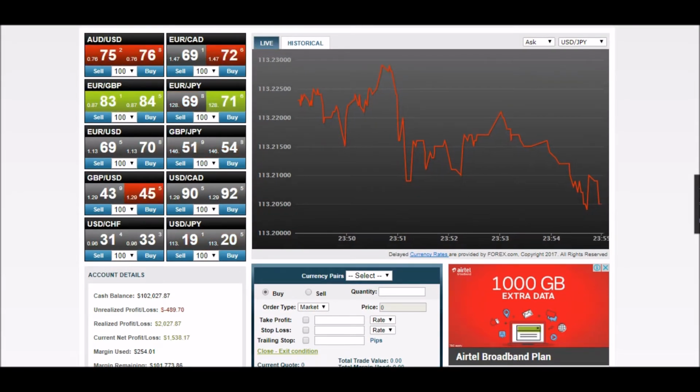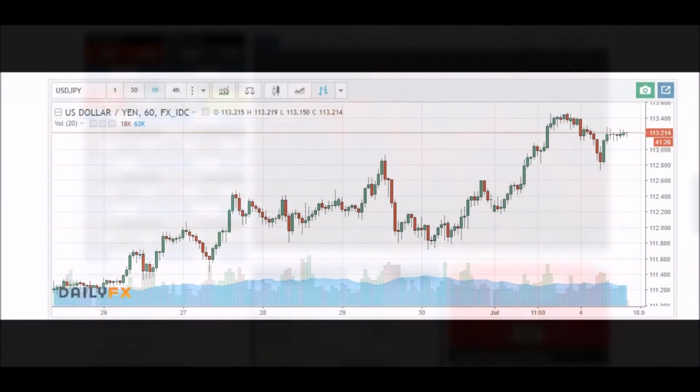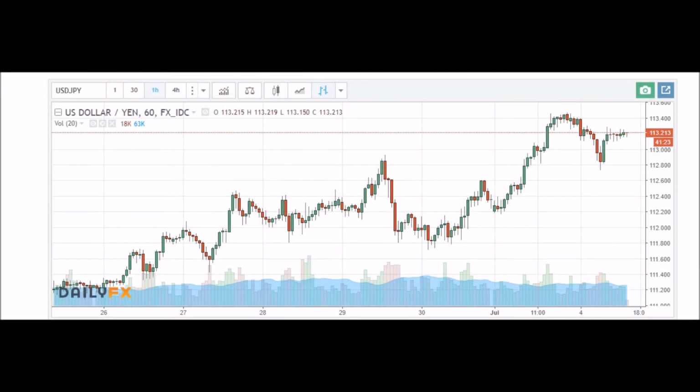A couple of points we'd like to highlight before we wrap up the section on patterns is, one is that the rates we saw on Yahoo Finance for the 3rd of July, the closing of the day was not lower than the high. The closing of the day was close to the high of the day at 113.34 as per the daily FX charts.